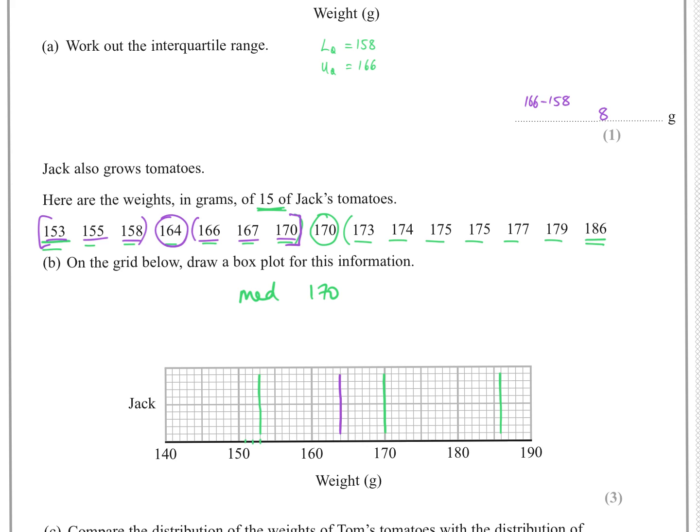And then the same for here, 1, 2, 3, 1, 2, 3, leaving 175 in the middle, so that would be the upper quartile, and there we have it here. So our box plot, nicely finished, like so, and I'll do all these the same colour now.